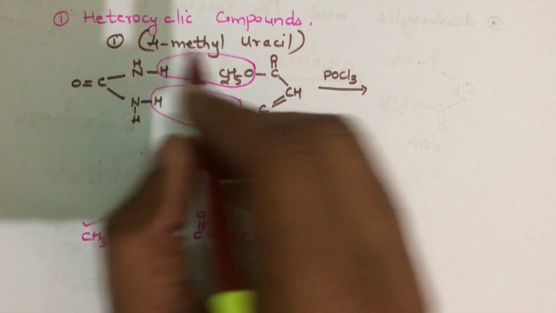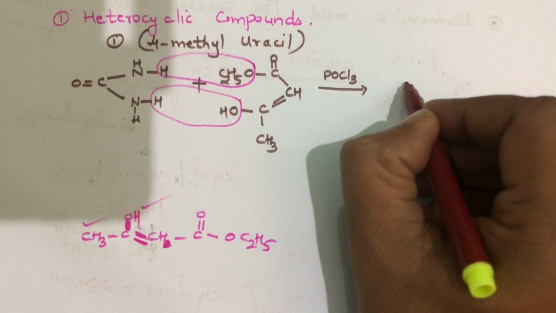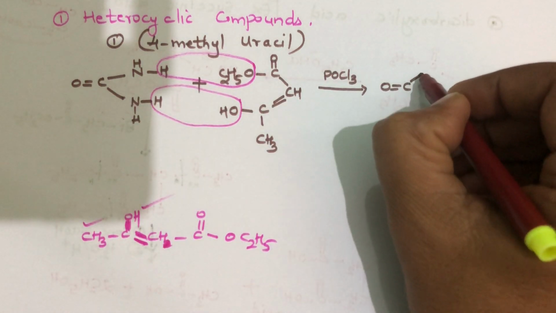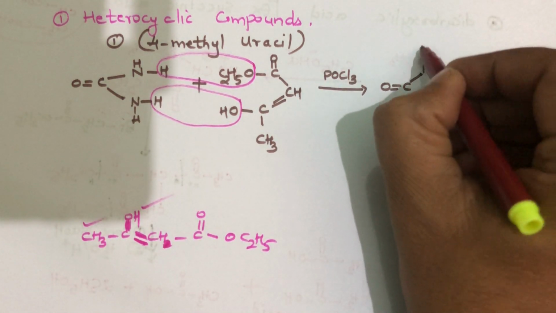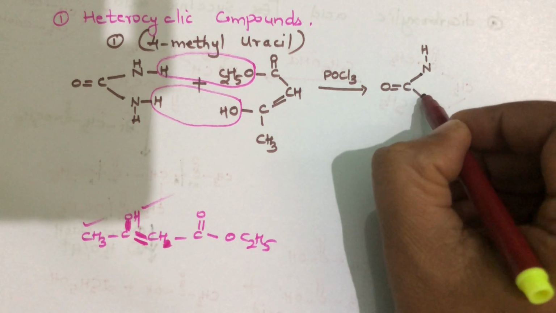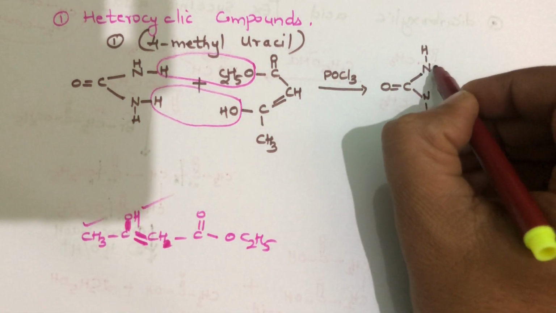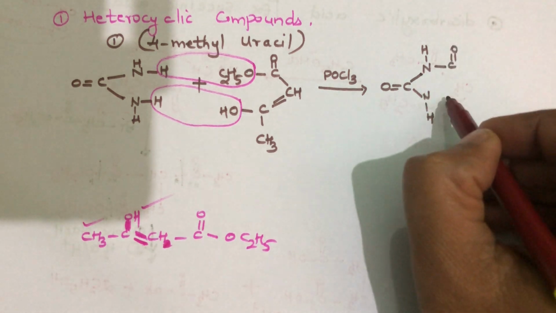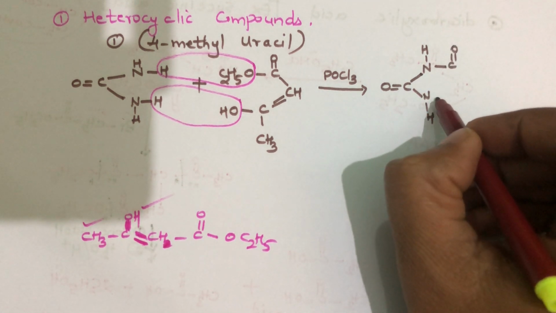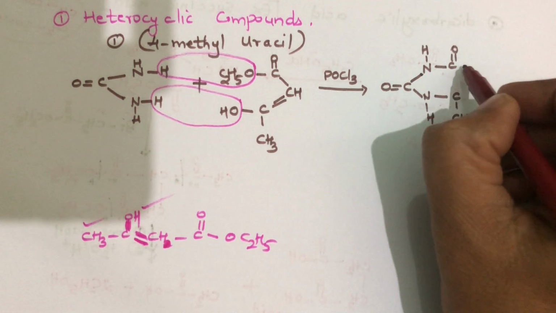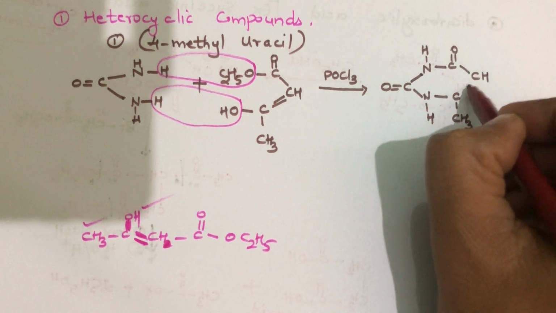A simple condensation takes place, resulting in the formation of this compound: C double bond O, NH, NH, then C double bond O, CH3, CH double bond CH.